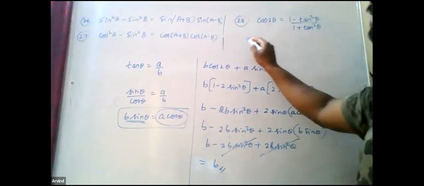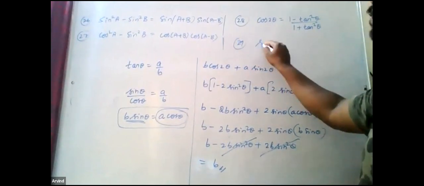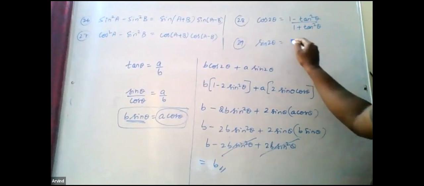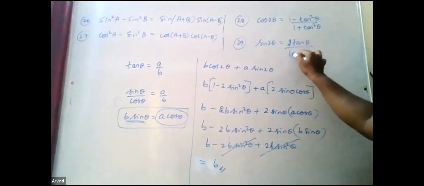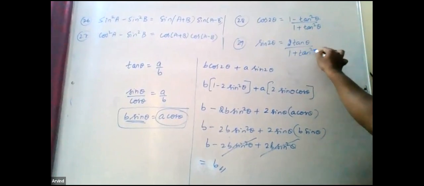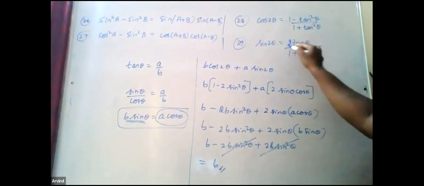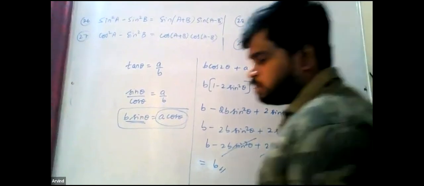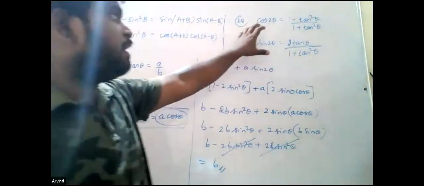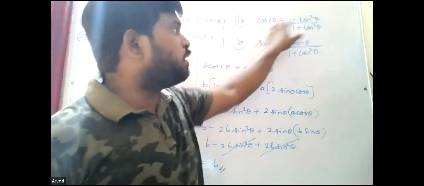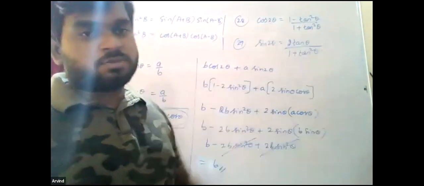Similarly, sin 2 theta equals 2 tan theta divided by 1 plus tan square theta. We could also have substituted this here. That is a bit lengthy. Remember these formulas, these are very important. Cos 2 theta in terms of tan, sin 2 theta in terms of tan.